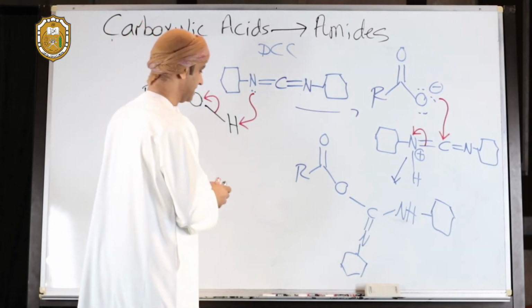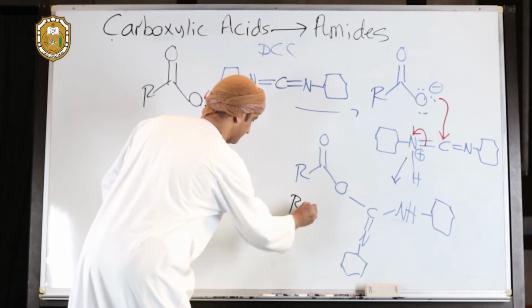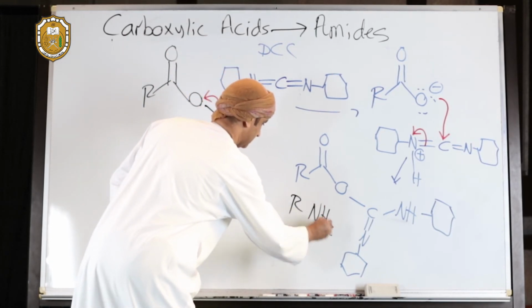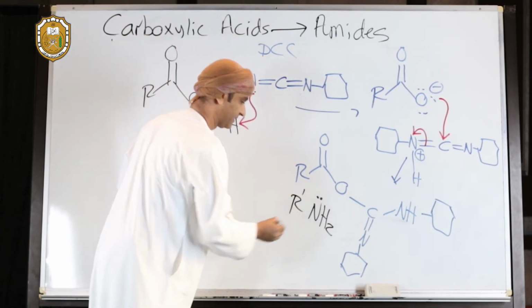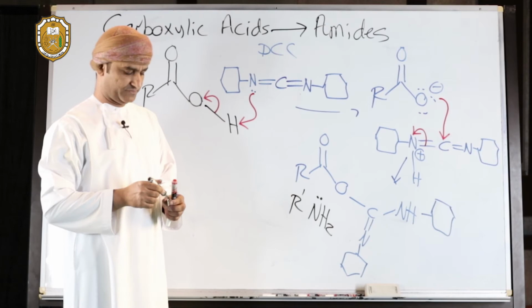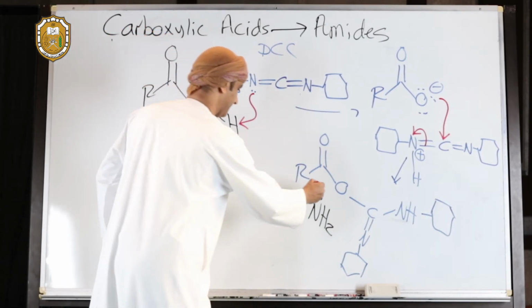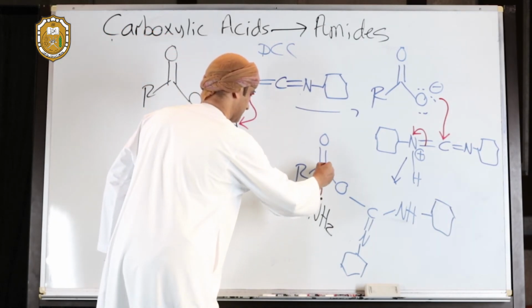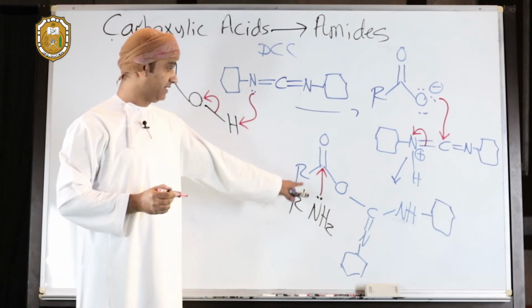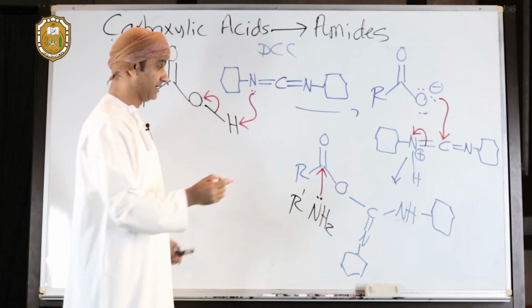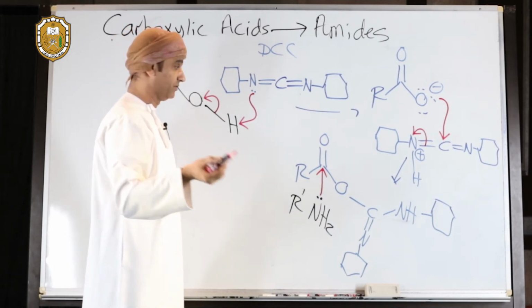So the amine comes in, if you like, R prime NH2. And this is, of course, the nitrogen, and that's the lone pair on nitrogen. So the amine attacks that carbon. The amine is a nucleophile. That carbon is electrophilic because of the inductive effect and because of resonance.